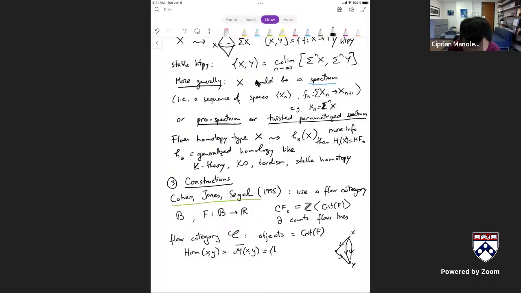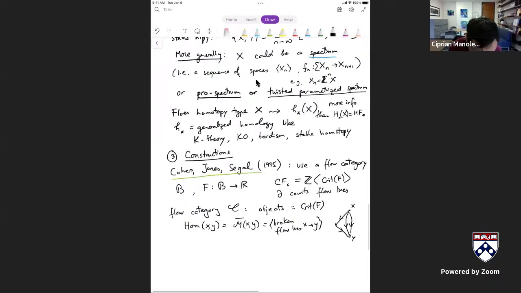So these are broken flow lines from X to Y. And this is a manifold with corners. The boundary splits as the union over Z of M-bar XZ times M-bar ZY.